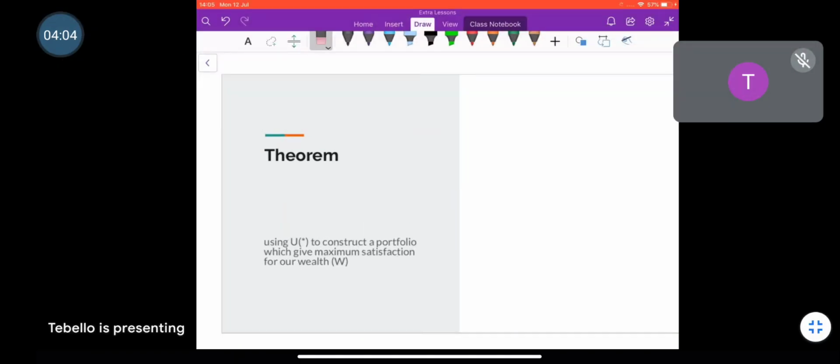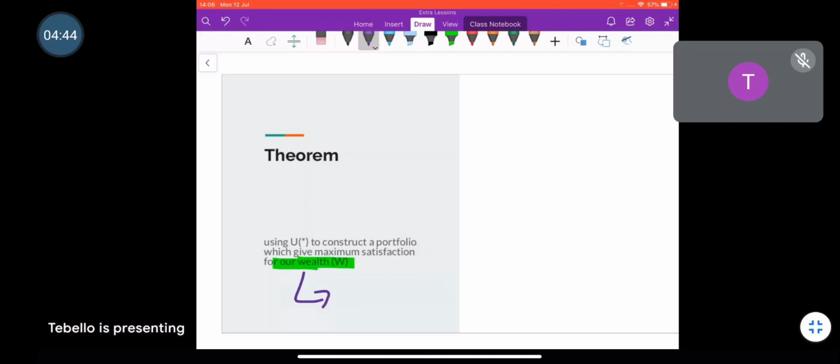So first of all, we start with the theorem. This theorem says that we are going to use our utility function to construct a portfolio which gives us maximum satisfaction for our wealth. You can only be satisfied based on how much wealth you have, right? So if you want to make an investment, it should not exceed your wealth, because you want to have money to pay for other things.